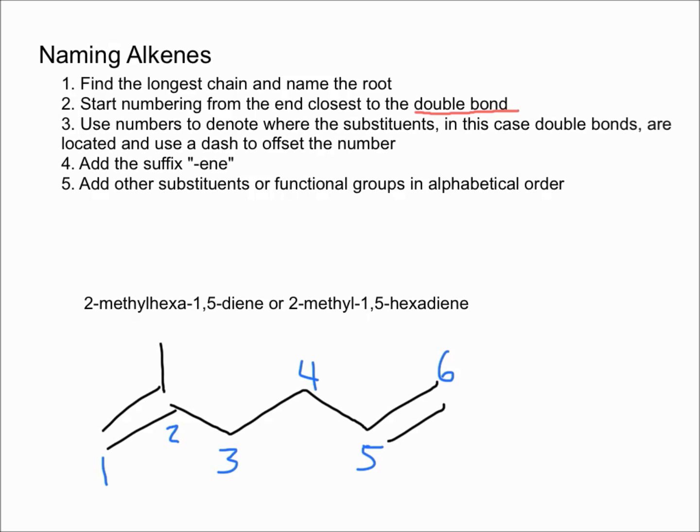So it's 1,5 because it starts at the 1 carbon and goes to the 2, and it starts at the 5 carbon. The double bond starts at the 5 carbon and goes to the 6. And so just so you know, I'm going to name it mostly using the way right over here, so that way, in future videos.